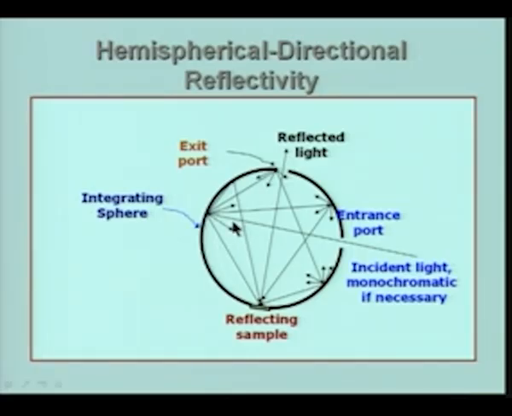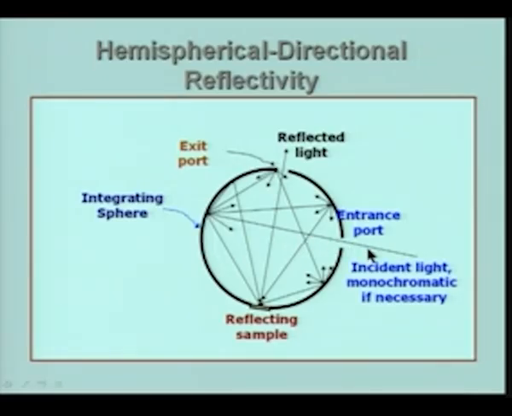Because of the high reflectivity of the surface, most of the light is going to be reflected, and if you follow what happens to the one which is reflected in this particular direction, you see it is going there, again falling on another part of the sphere, getting reflected in all directions, and again one of them is coming here and getting reflected at this point, and then essentially it falls on the reflecting sample after several reflections.